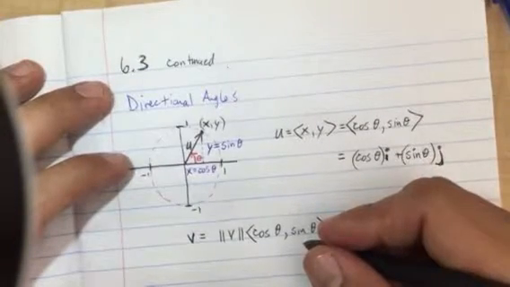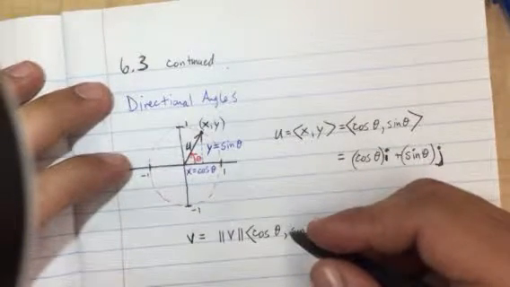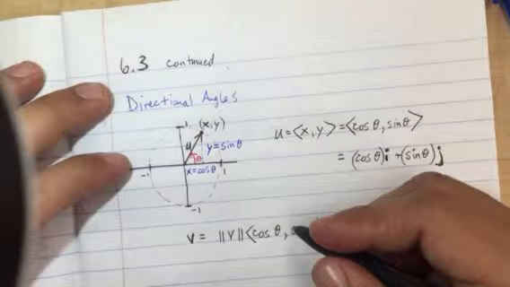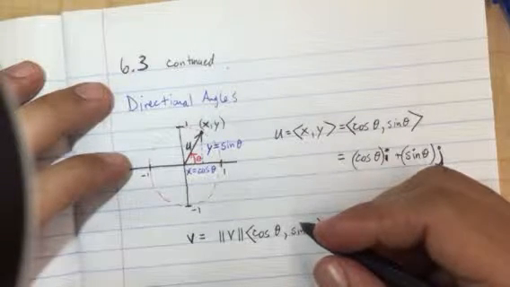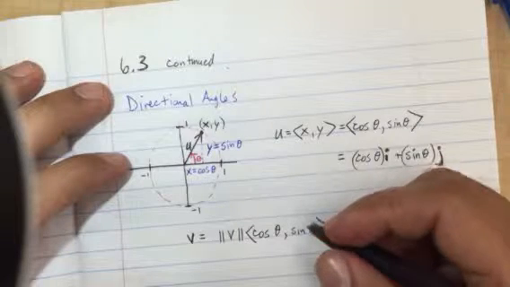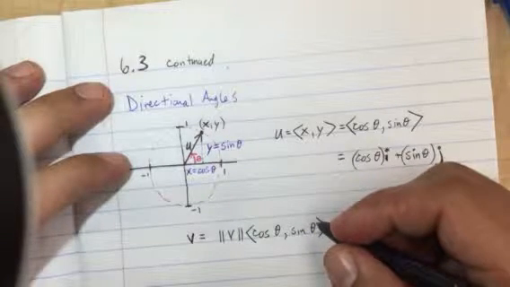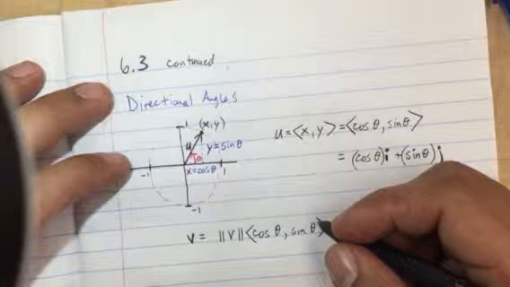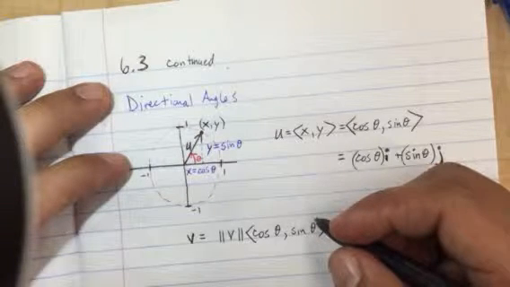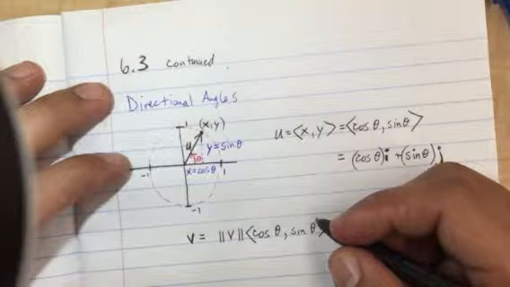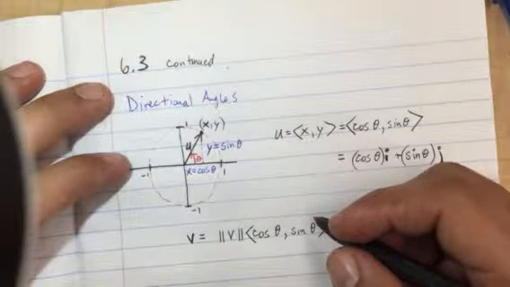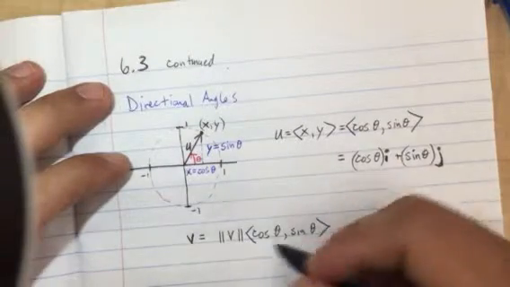Alright, so all this is saying is that if we have a vector u and it's a unit vector and it has direction angle theta, if v is equal to a times i plus b times j, and it's any vector that makes an angle theta with the positive x-axis, then it's going to have the same direction as u, and we can write it this way.